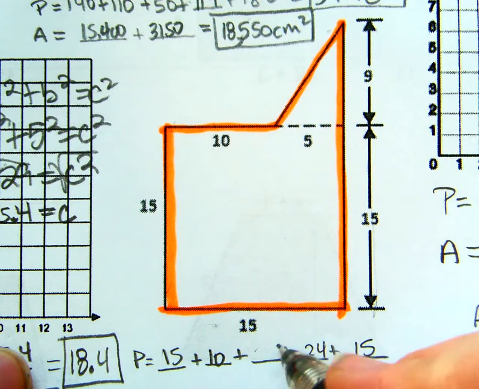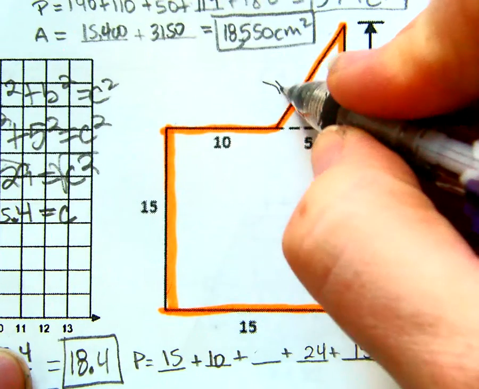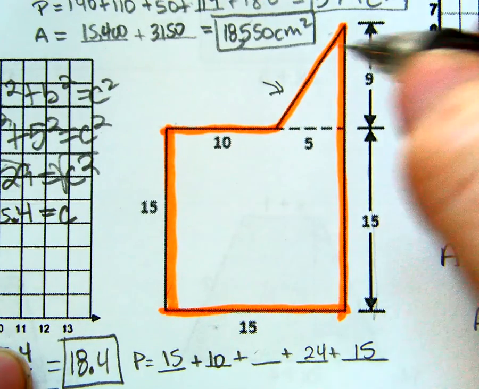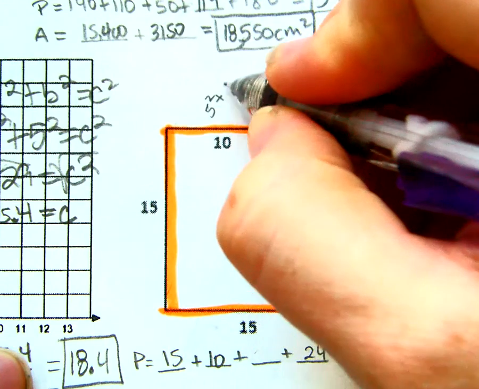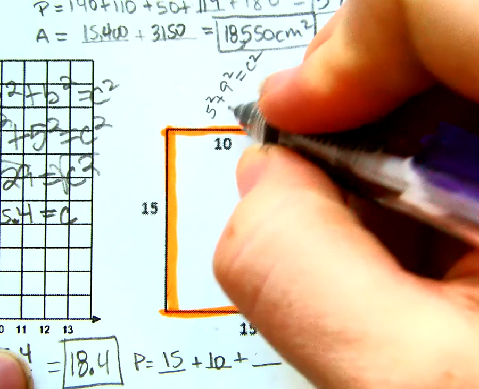Okay, so this is the triangle piece that I need to find. So again, we're solving for this right side of the triangle. So we're looking at 5 squared plus 9 squared equals c squared. And so we've got 25 plus 81, which is 106.